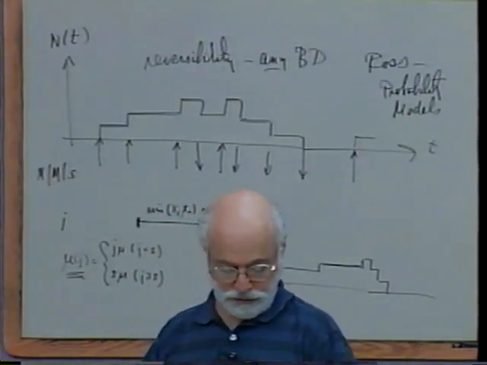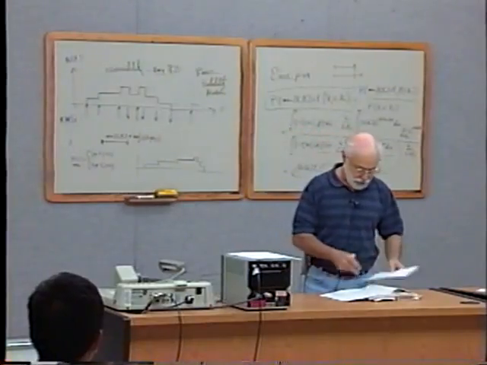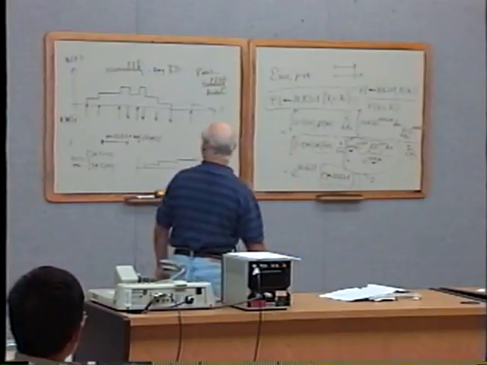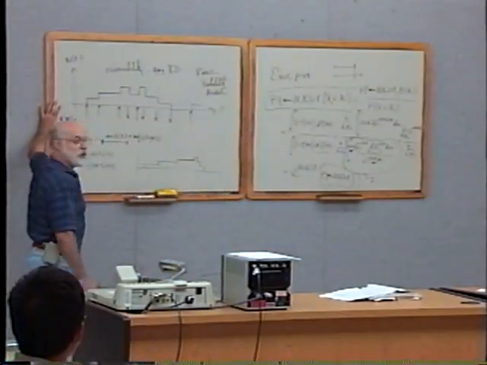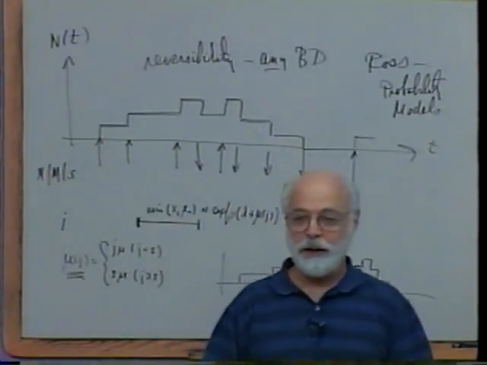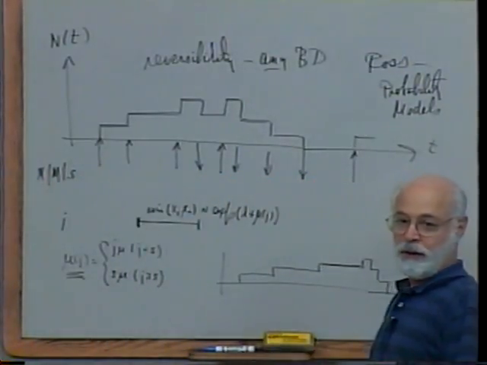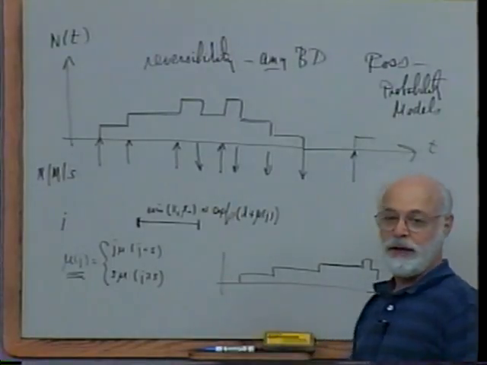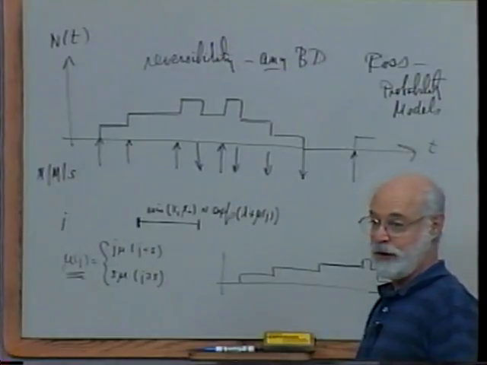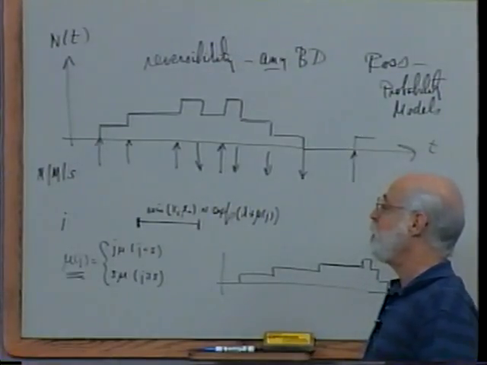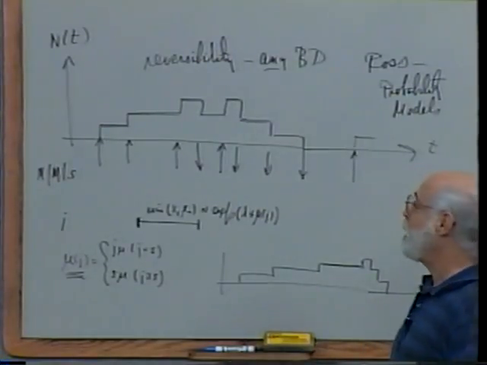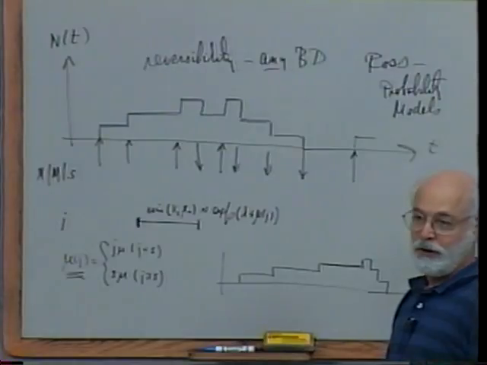Okay, so that proves what I wanted to prove. Notice that the argument here is completely different from Burke's argument. It doesn't implicitly bring into play the PASTA property. It doesn't explicitly require rate up equals rate down for the birth and death queue, and it doesn't require any statement about the state probabilities at departure epochs being the same as at arrival epochs.